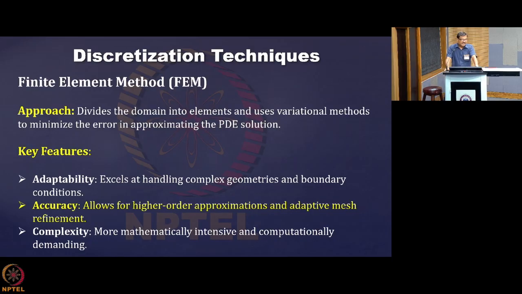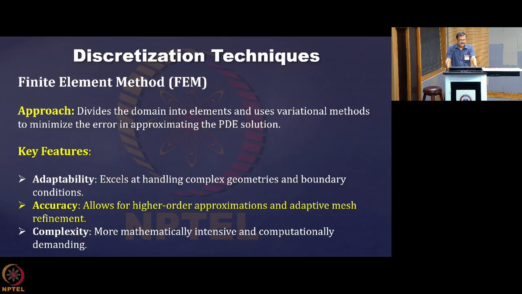And the complexity is that it is mathematically intensive and computationally demanding. So when you have enough computational resources, and coding is not a problem, then you can go for this.